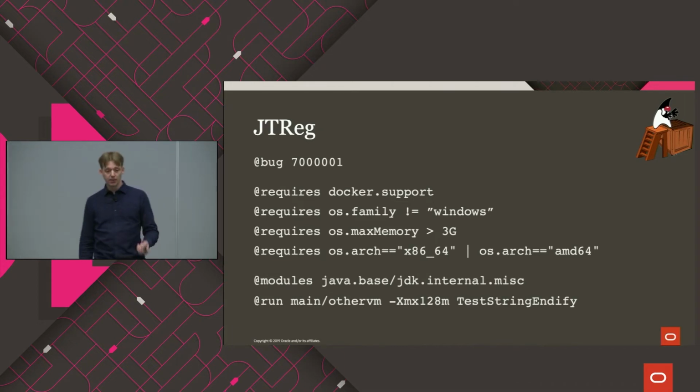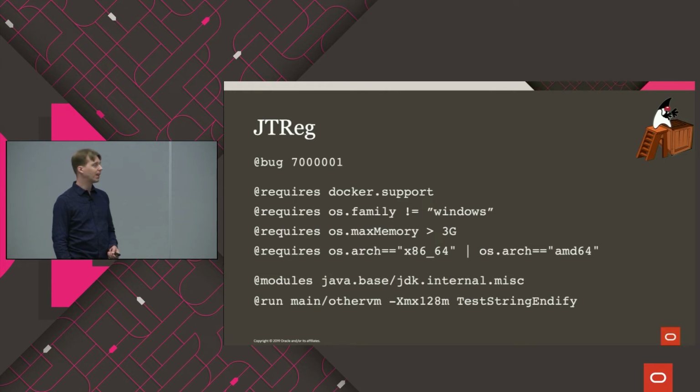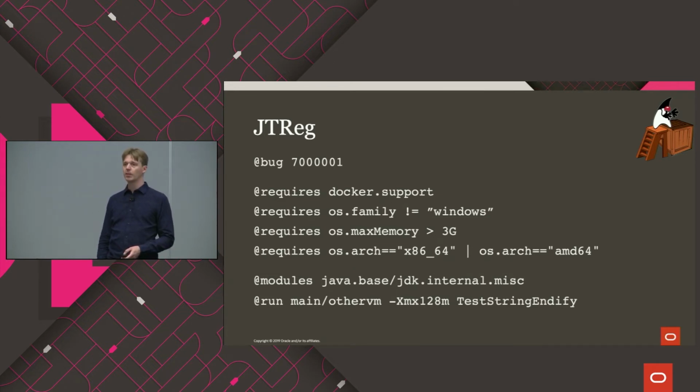And you can, for instance, tell J2Reg, or actually the user more, which bug this test is a regression test for. You can tell J2Reg about different dependencies, stuff that needs to be fulfilled for this test to actually be usable and be executed. So you can require different operating systems, memory requirements, or anything like that.